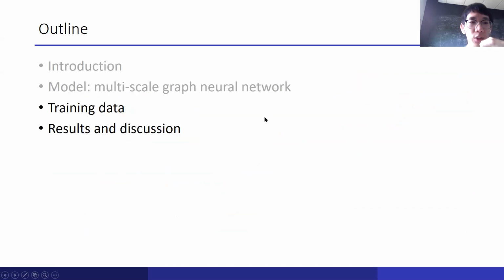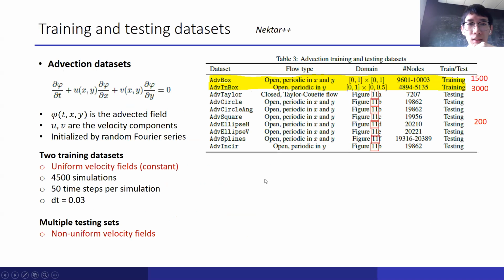Okay, we have introduced the model, and now we can go through the training data and the results. In order to train and test the model, they generate the data using Nektar++. The first example is the advection problem.